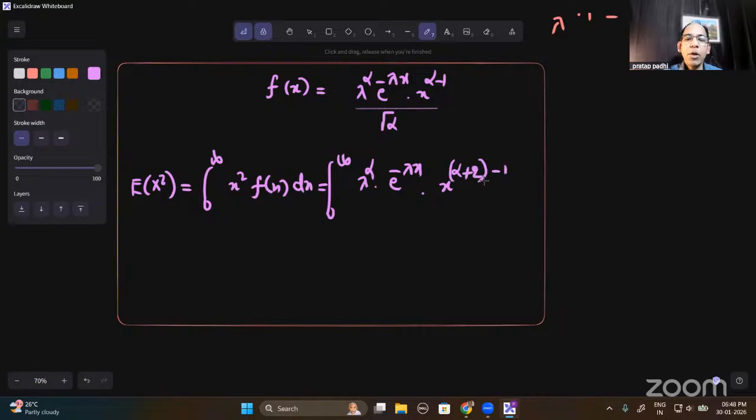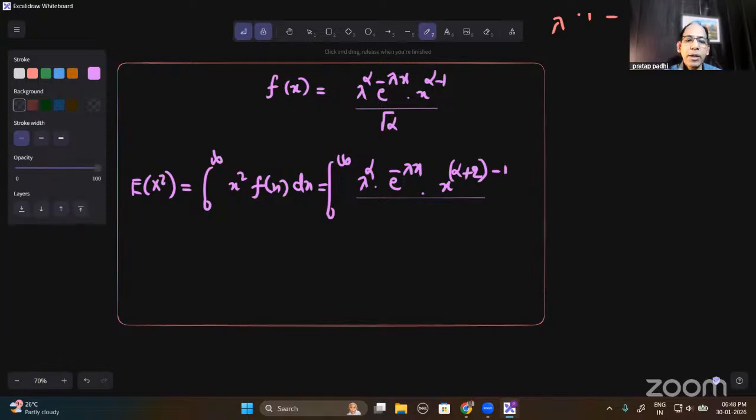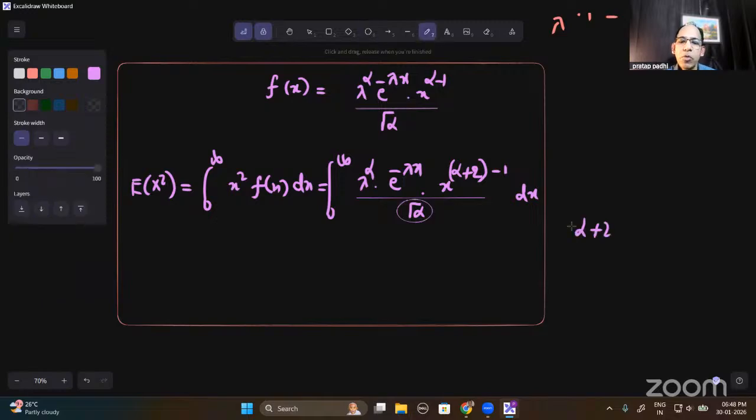Now this minus 1 I will keep, and this 2 I brought here. Now I will make this one alpha plus 2. So how do I get that? Gamma(alpha+2) will be (alpha+1) gamma(alpha+1), and this will be (alpha+1) alpha gamma(alpha).